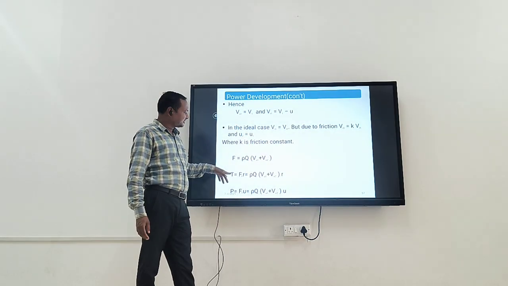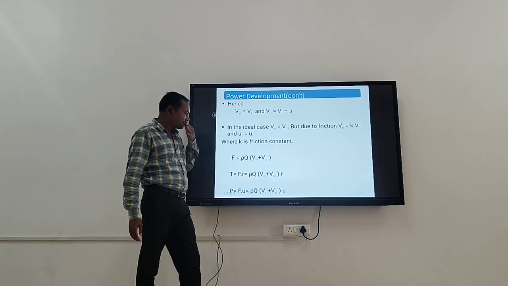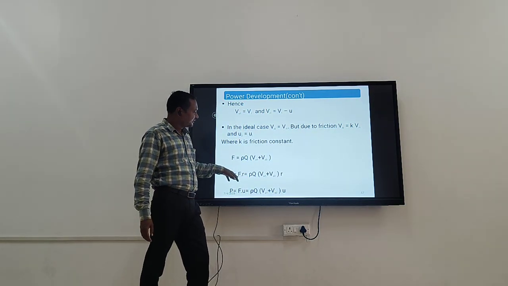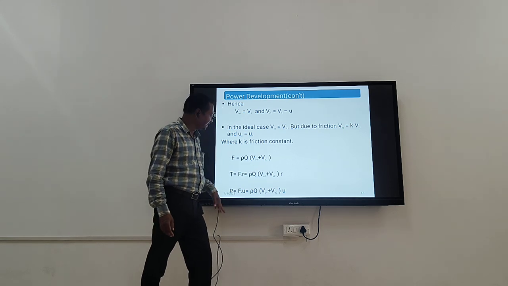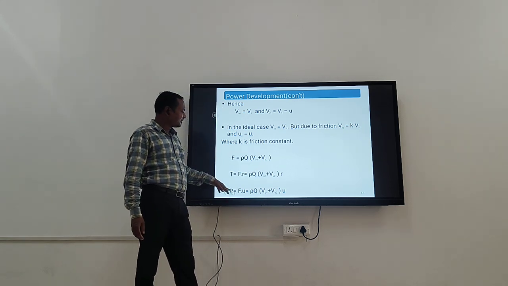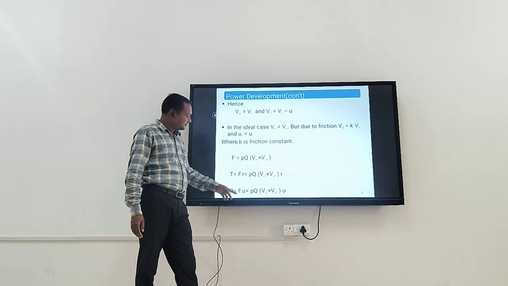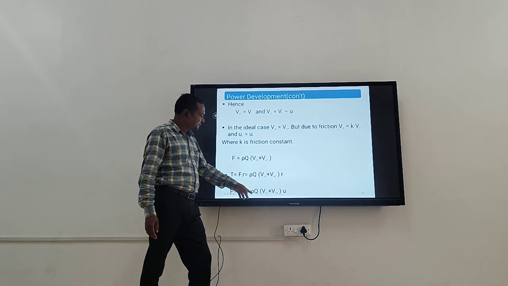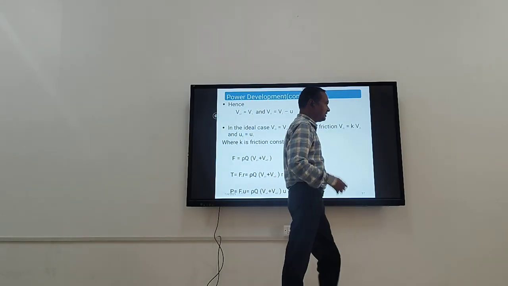So what is your torque? Torque is F into R, where R is your radius. Force into distance, force into radius. P, the power developed, is equal to force into your velocity.